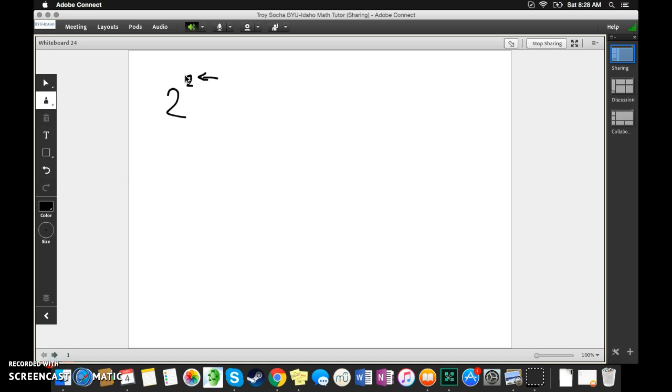Now they can be any number, and it means that we're going to multiply whatever number this is by itself 2 times.